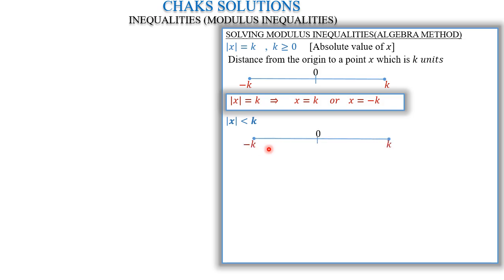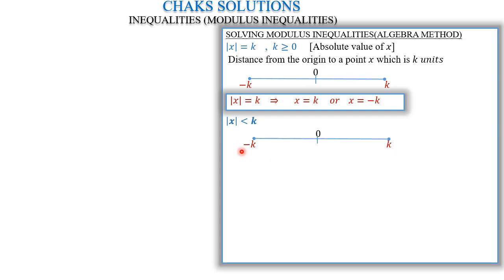Alright, so you can see we have minus k and k here. Moving from the origin to the point k is k units. Moving from the origin to the point minus k is also k units. But moving from the origin to a point somewhere in between, the distance will be less than k units.